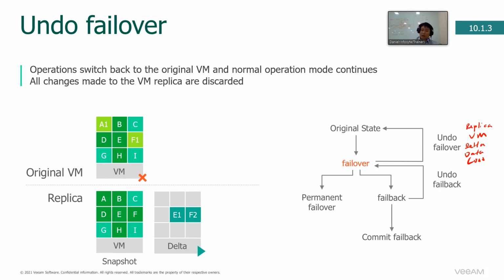Okay, get that here? So undo failover works together with failover. If you found that failover doesn't work and you want to failover with another restore point, because your virtual machine replica comes with multiple restore points, then I will utilize undo failover to roll back the failover until I get a consistent restore point. Once I get one running fine with no issue at all, I will announce it to the end user client. Then I will not choose undo failover anymore.